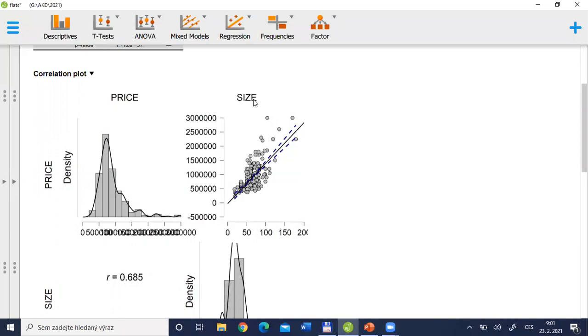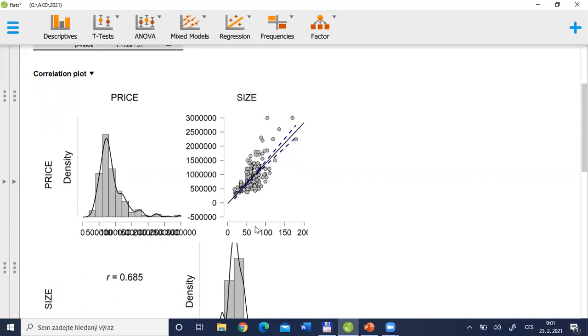So I would take this axis here, and 0 for this new axis would be the average size of the flat. Now, if I take this new y-axis, what would be the interpretation of the constant? Can somebody help me? This would be the intersection of this new y-axis and the regression line.